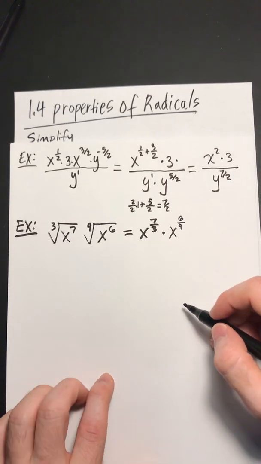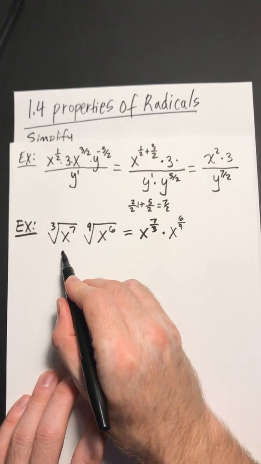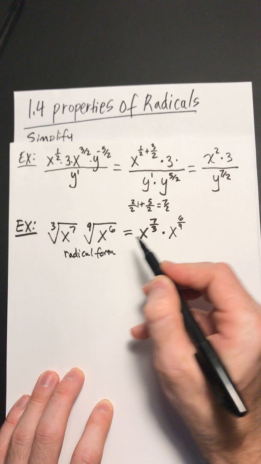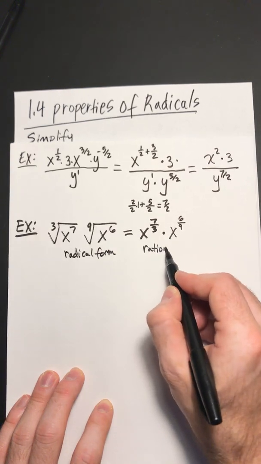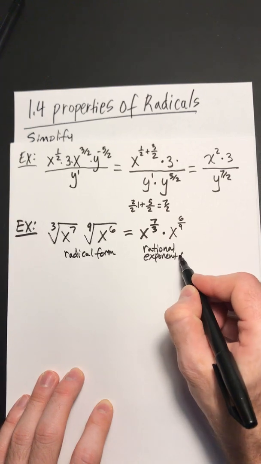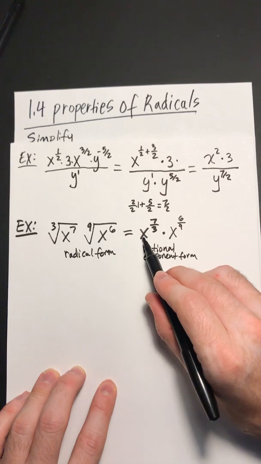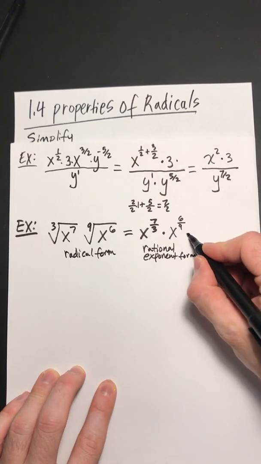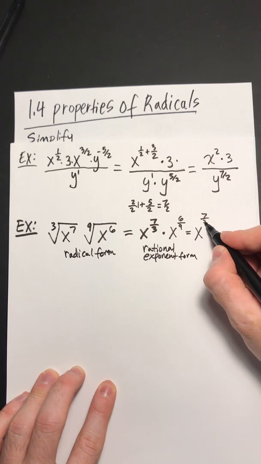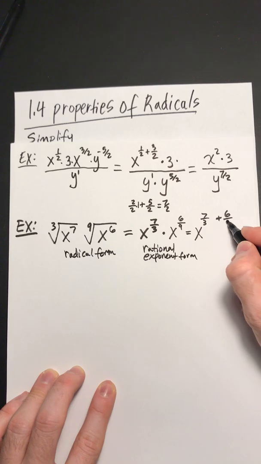Now that we're in rational exponent form and no longer in radical form, we can use our properties of exponents like we did up here. Same base, add the exponents. So this is x to the 7 over 3 plus 6 over 9.